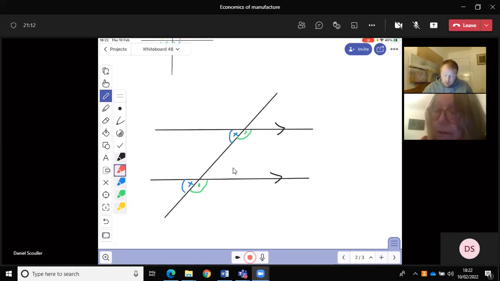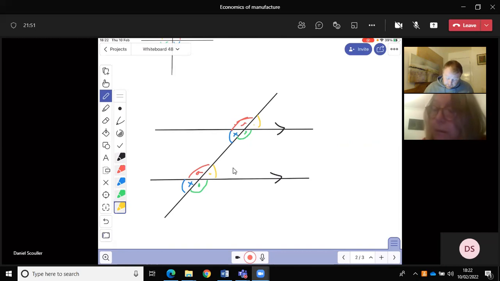That angle in there and that angle there will be the same. That angle there, that angle there. So all the angles that are the same colour are going to be the same angle. Where we've got two parallel lines and a line cutting through that, just be aware that's going to happen.